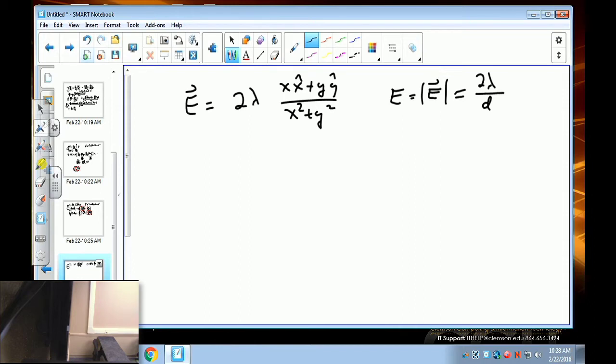Mr. McCall, where does the 2 come from? Am I remembering it incorrectly? No, no. They tried to explain it in the book. Well, let's see. You can go back to Gauss's law. There are two different ways we've done it.